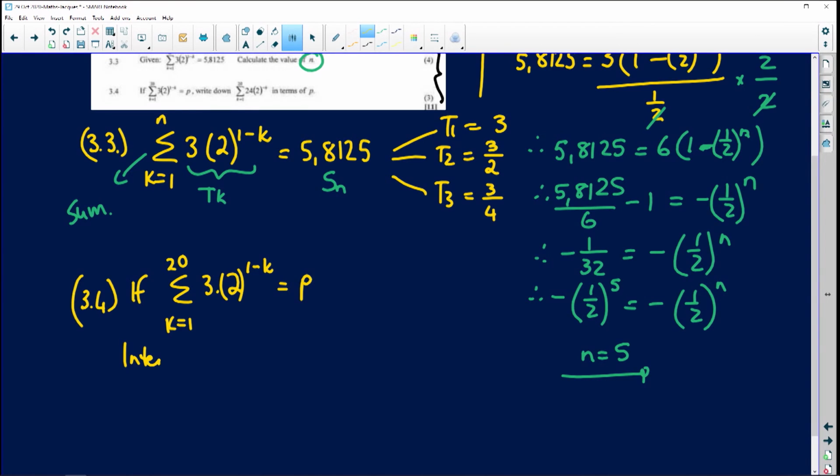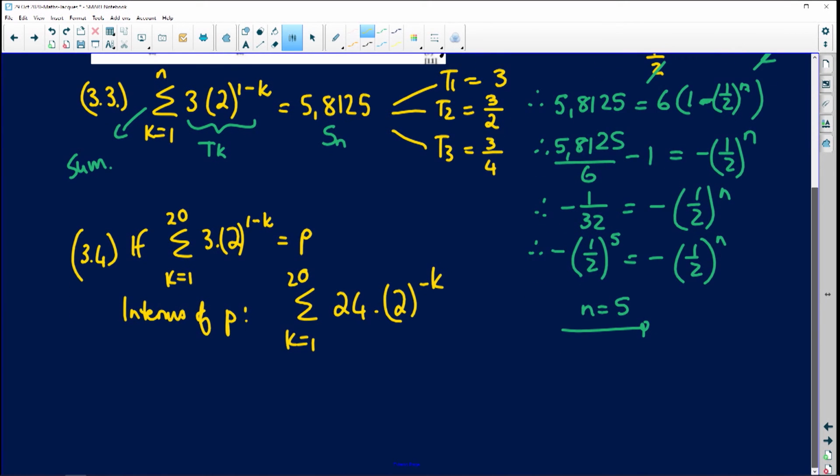So they're telling us the sum from 1 to 20 of that sequence we've been working with, let it equal p. Now they say, in terms of p, we need to find the sum when k goes from 1 to 20 of 24 times 2 to the power of minus k.